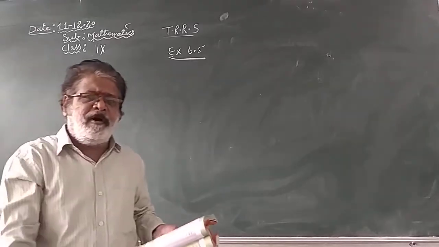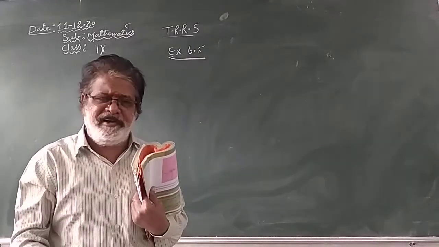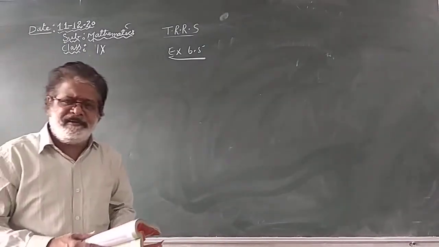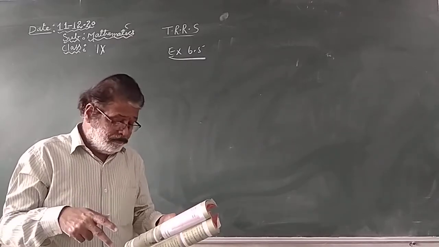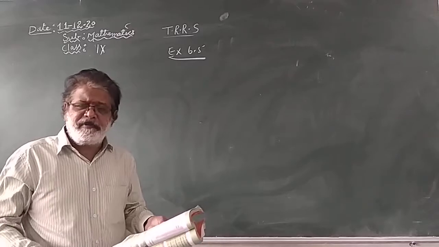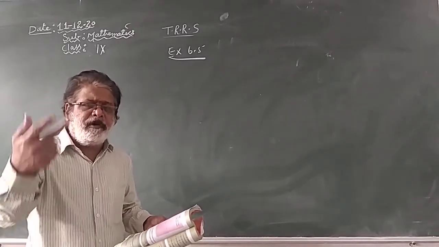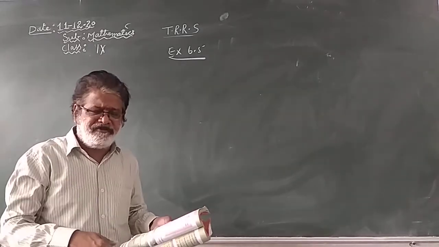You convert them to the form ax plus by plus c equal to 0, then draw the graph of that. You will get it, that is the easy one. That is why I did not discuss 6.4.